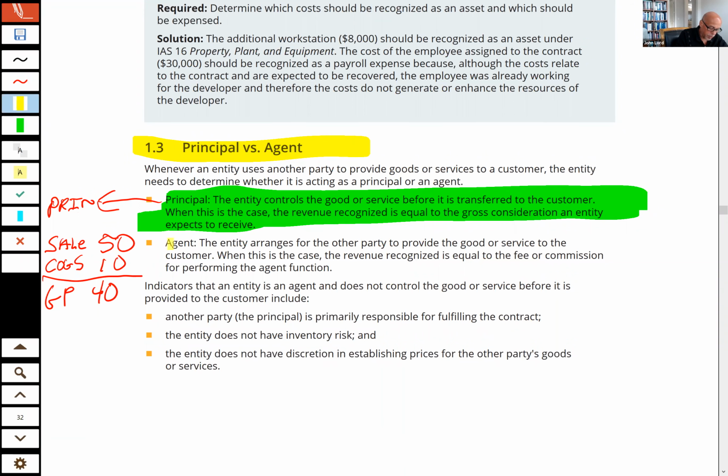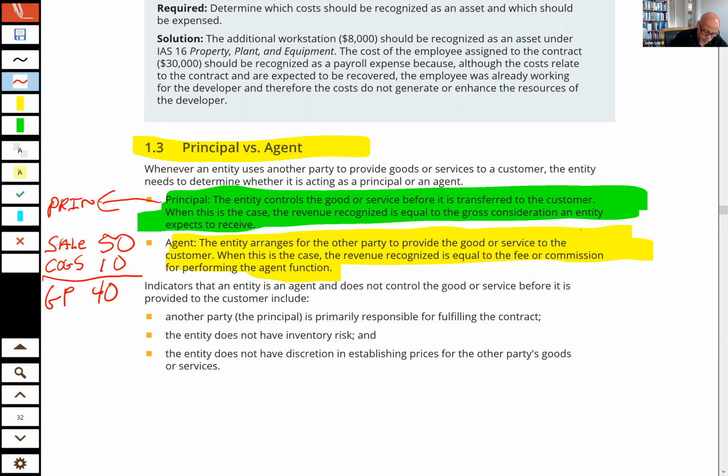Now, if we are an agent, the entity arranges for another party to provide the good or service to the customer. When this is the case, the revenue recognition is equal to the fee or commission for performing the functions. So what happens? Let's say Uber charges you $2, and then the cab driver is going to charge you whatever they charge you for the ride.